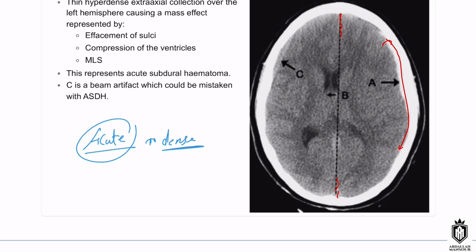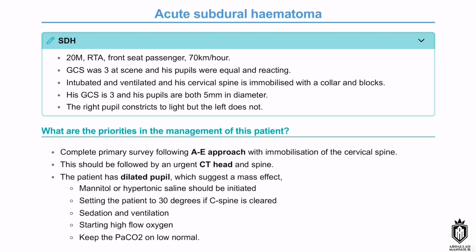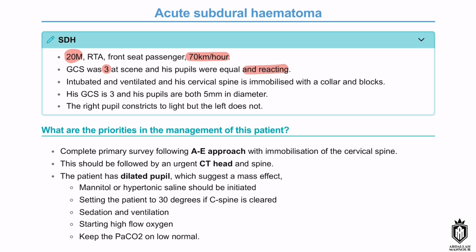All right, to move on with our case, we have a 20-year-old male patient presented with a road traffic accident at a very high speed. GCS on the scene was initially 3, and pupils were equal and reacting. The patient was intubated, ventilated, and the cervical spine was immobilized with a collar and blocks as well.